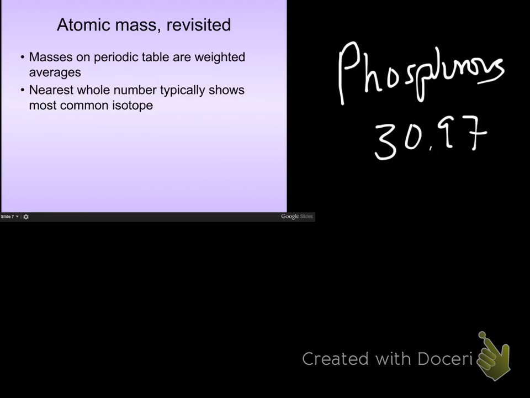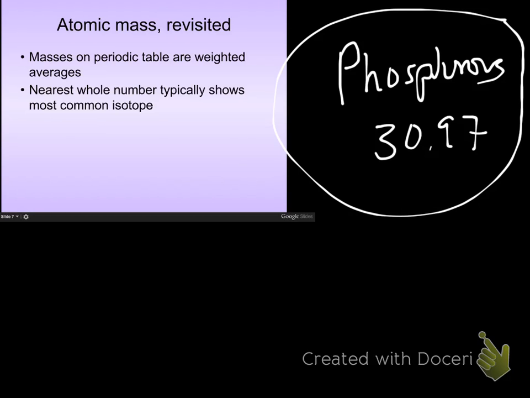If we were able to take every single atom of phosphorus in the entire universe, it's a lot of phosphorus, and we had a little tiny scale, and we set you to work now and you worked through your lifetime and through probably your quadruple great-grandchildren's lifetimes, massing every single atom of phosphorus in the entire universe and carefully recording your data, and you averaged all of those numbers, you'd get that.